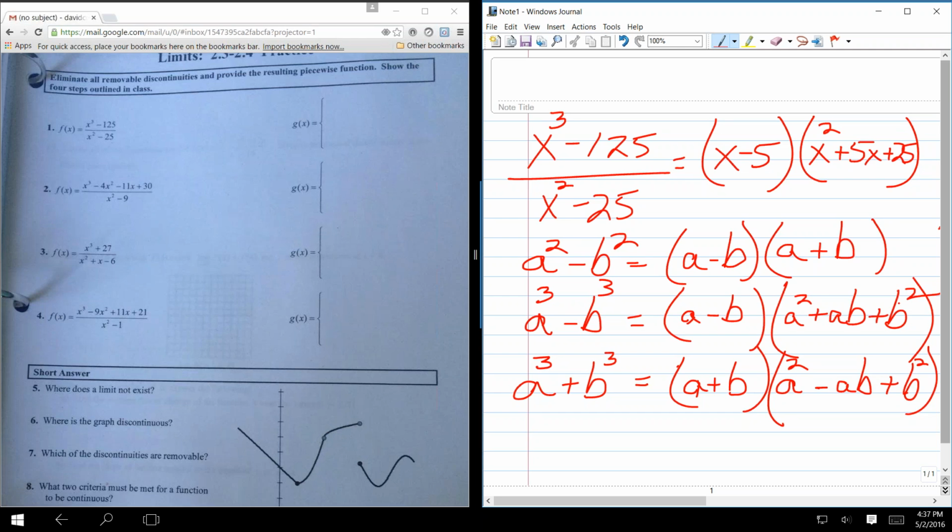In other words, that last term is b squared. b is 5, so it's 25. Okay, and then factor the bottom, which is difference of perfect squares. So x minus 5 and then x plus 5. All right, so that's the first step.